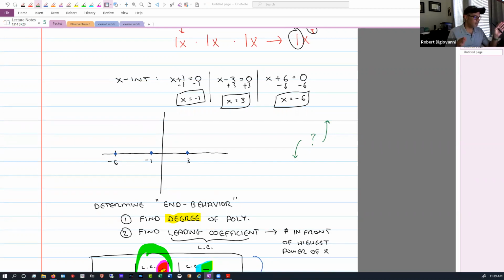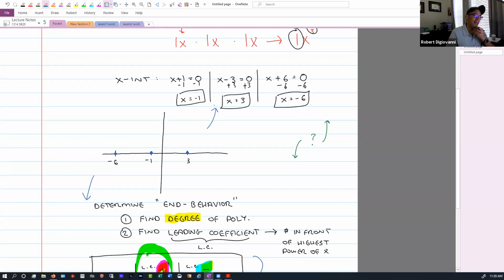My graph must go down on the left and up on the right. Watch what I do here. Far to the left, I'm going to put an arrow that goes down. Then to the right, I'm going to put an arrow that goes up like that. Do y'all see that?